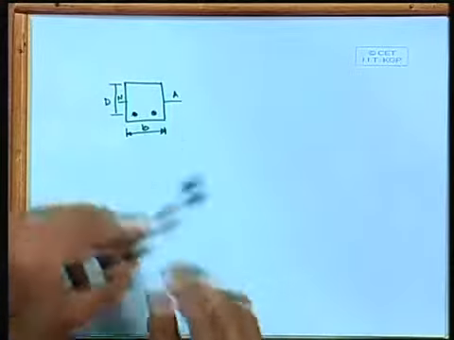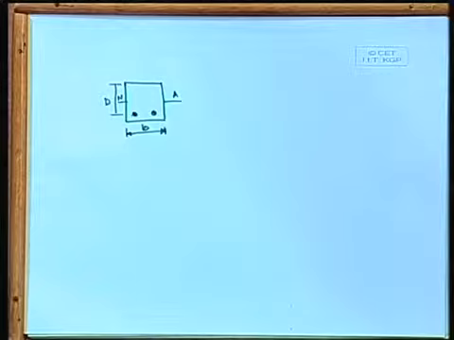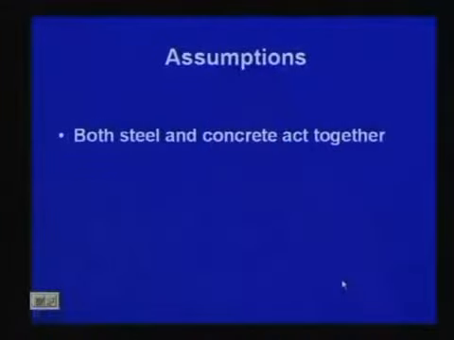For that, what we do is use the modular ratio concept. That means we know the modulus of elasticity of steel, the reinforcing bar, and the modulus of elasticity of concrete. So, what are the assumptions?